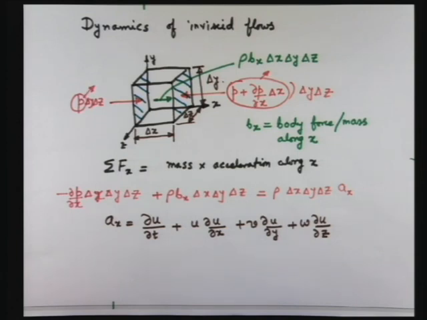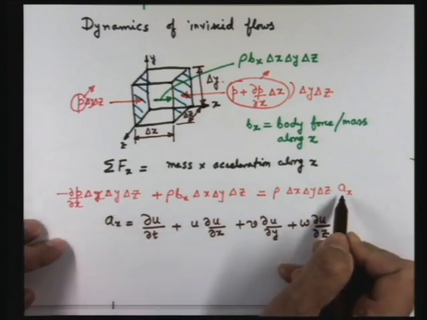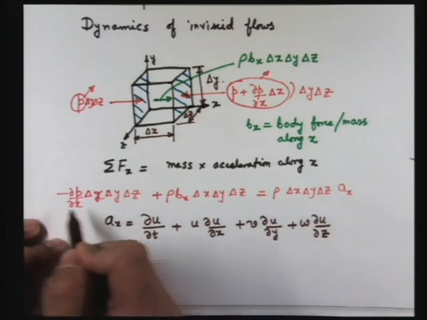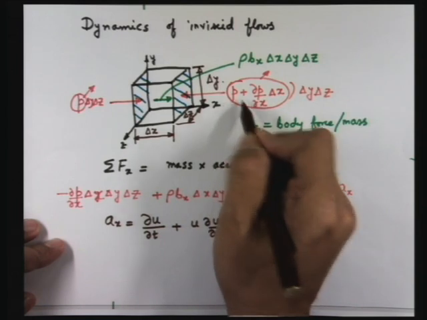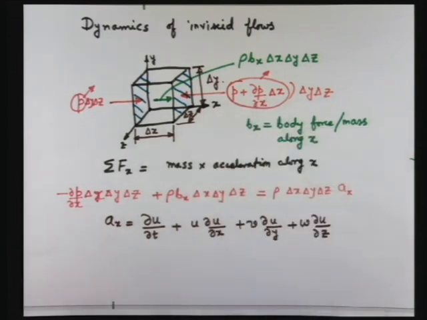So now if you plug in this acceleration in this equation, you will see first thing is that one of the important things to consider is that here we have taken only P plus del P del x into delta x but not the higher order terms. The reason is, if you take the limit as delta x, delta y, delta z tends to 0, the higher order terms will go away.